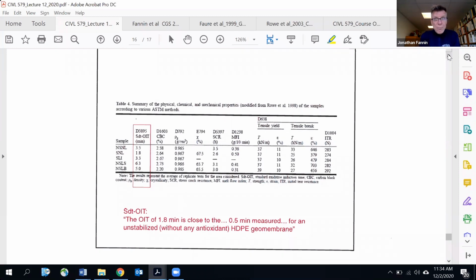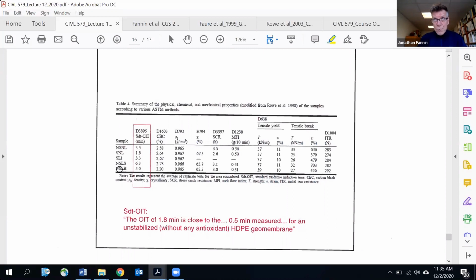You've sampled geomembrane from the field, and almost all of the antioxidant durability package has been consumed already after these 14 years. Or quoting from Kerry Rowe, the OIT of 1.8 minutes in this SNL location, and indeed the others of several minutes, is pretty much close to an unstabilized HDPE.